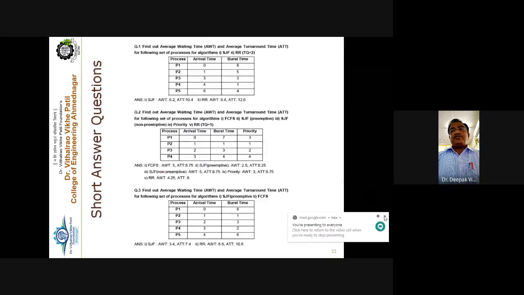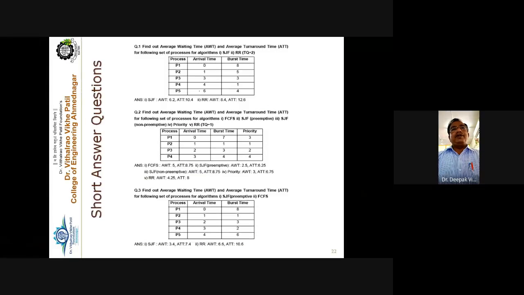These are a few examples. First, a numerical is given where we have to find the AWT and ATT for this set of processes, with non-preemptive SJF. Second example: FCFS policy, then SJF preemptive, SJF non-preemptive, priority, as well as round robin. So 5 algorithms we have to solve here.